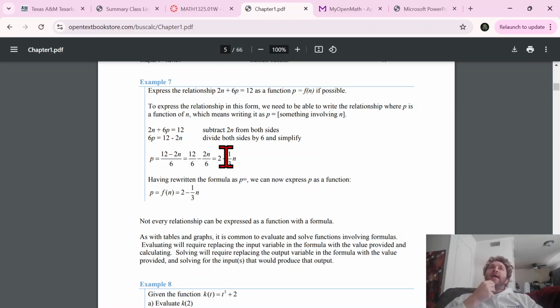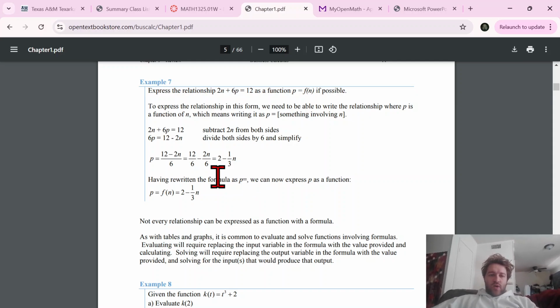I will oftentimes skip some things that are understood from college algebra, and that's because my learning targets here are not college algebra learning targets. I do expect that you know how to move the n from one side to the other, and that you know how to divide off the 6 to get the p by itself.